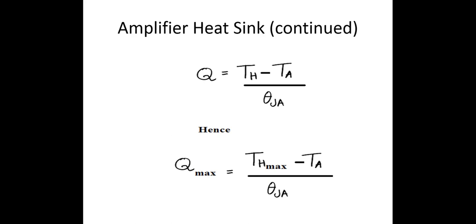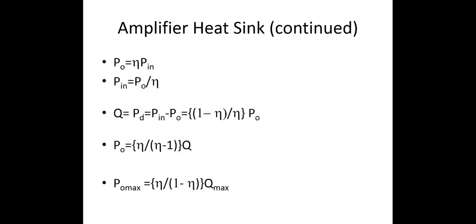The second parameter that affects the maximum heat dissipation that is allowed, and consequently the maximum power handling capability of the power transistor, is the ambient temperature. If the ambient temperature becomes higher, the maximum allowed power at which the transistor can operate reduces. So that's why we have the heat sink, to reduce theta JA.